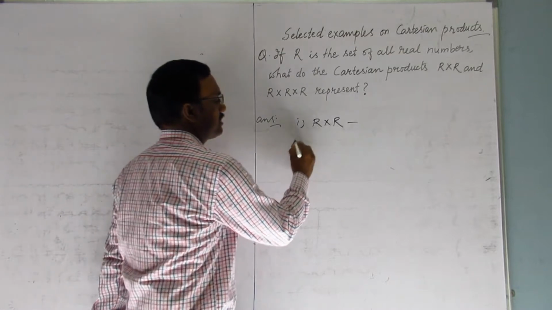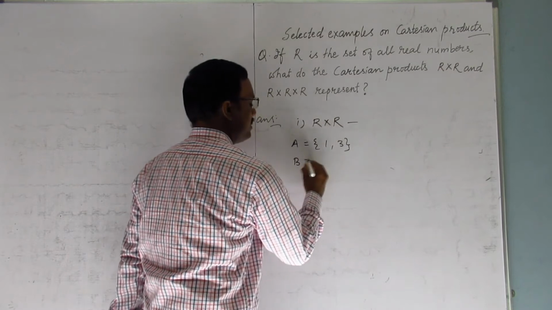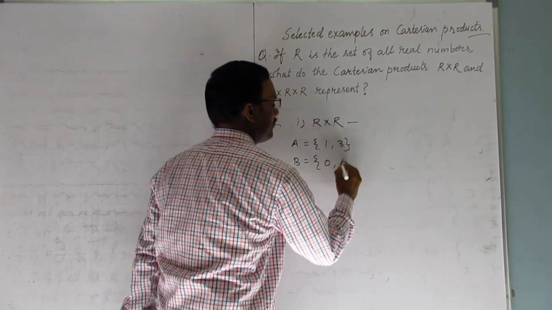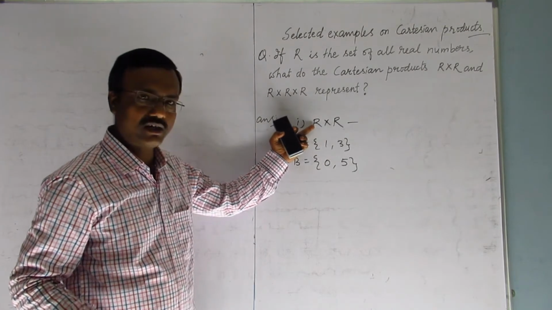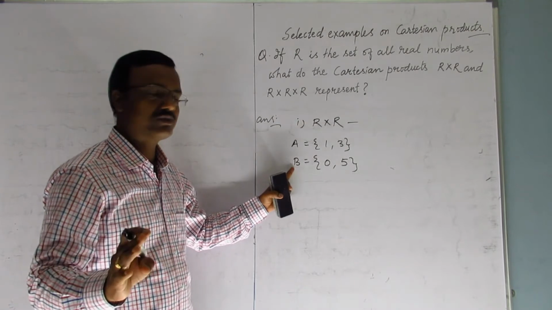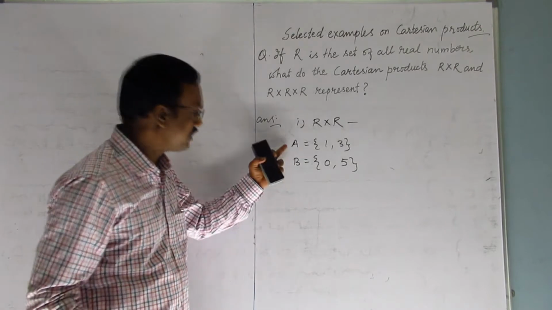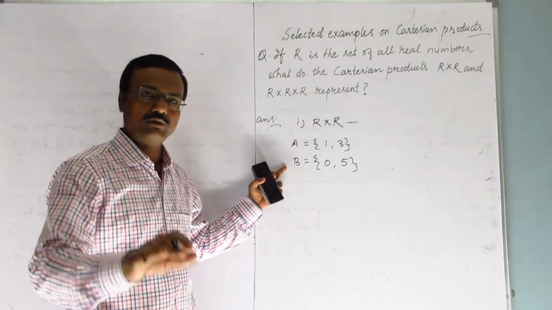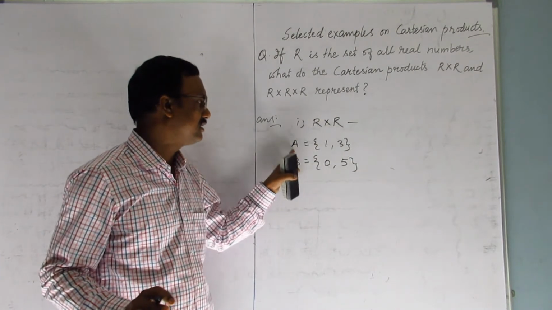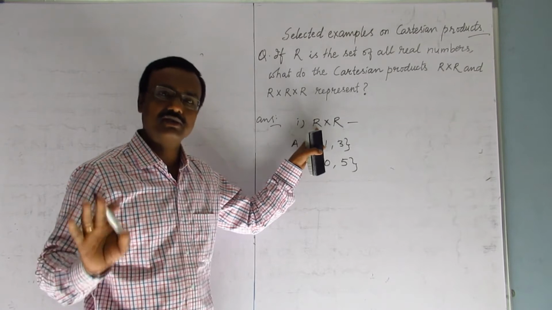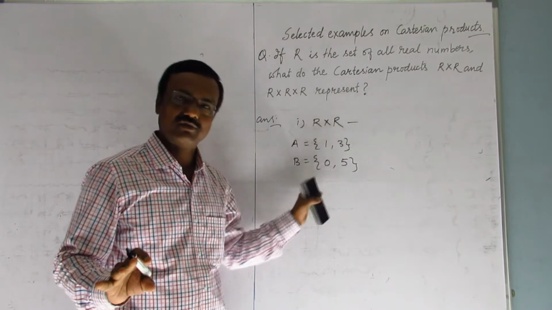In this case, suppose set A has elements 1, 3 and another set B has elements 0, 5. That means set A is chosen from the real numbers R and B is also chosen from the real numbers R. Now if we take the cross product of two such sets, then that will be in the form of R cross R. Very simple. R cross R means the first set is from the real numbers, and the second set is again from the real numbers.